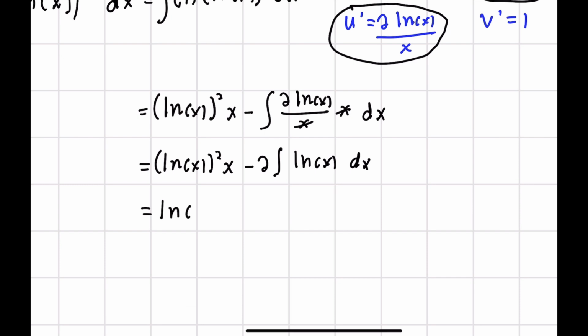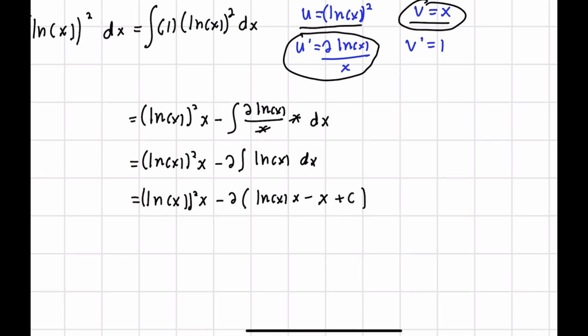So ln x to the power of 2 times x minus 2 times the integral of ln x is, remember, ln x times x minus x plus c. So now let's expand everything.